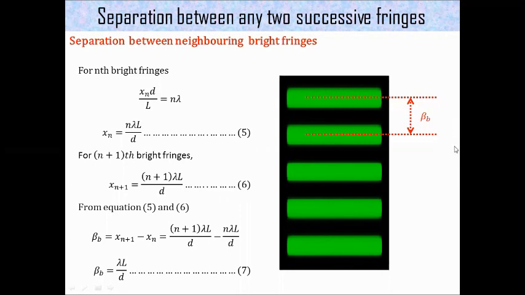If beta B is the separation between two successive bright fringes, where the subscript B stands for bright, the value of beta B can be obtained by subtracting equation 5 from equation 6.